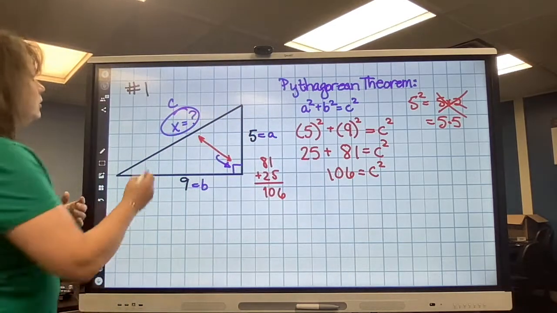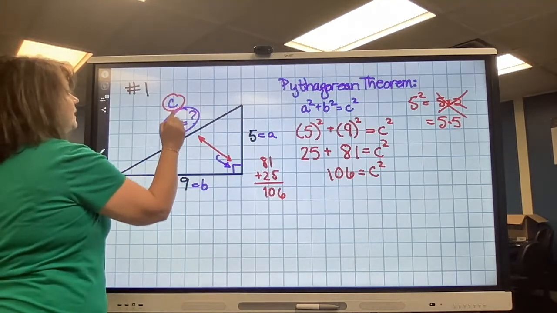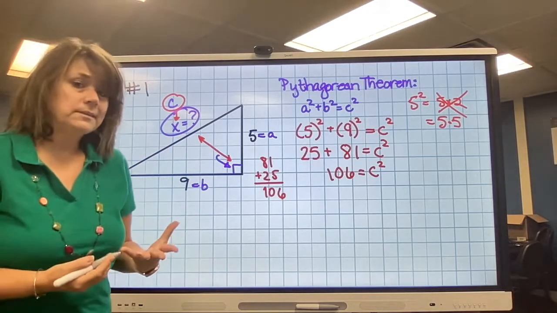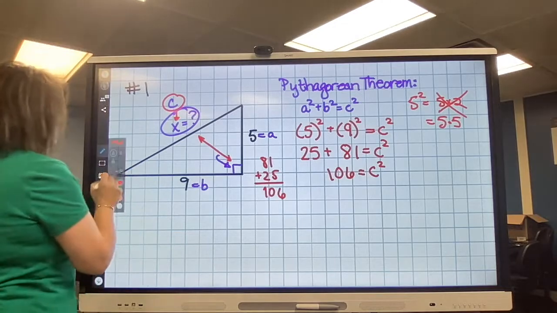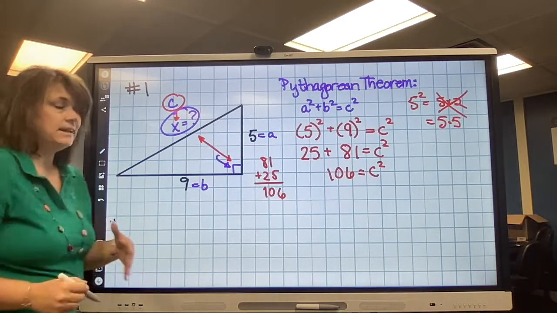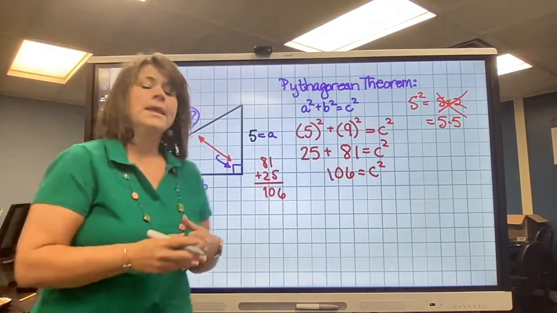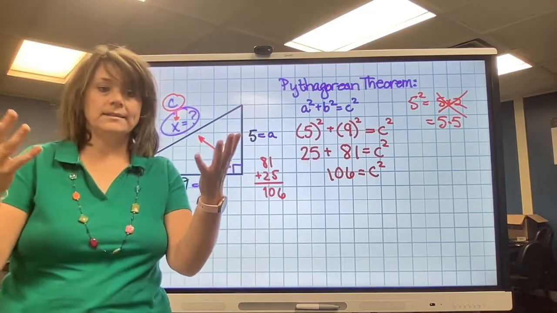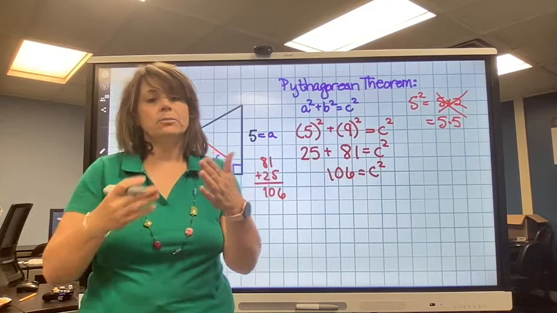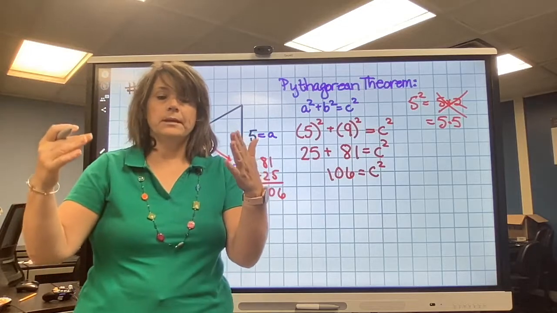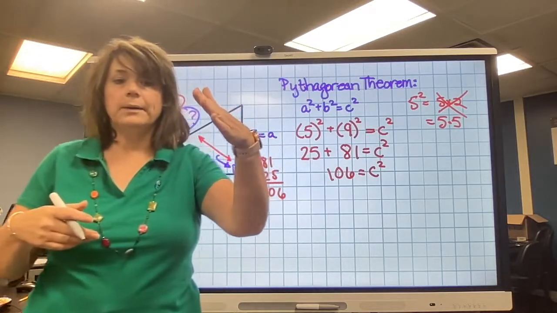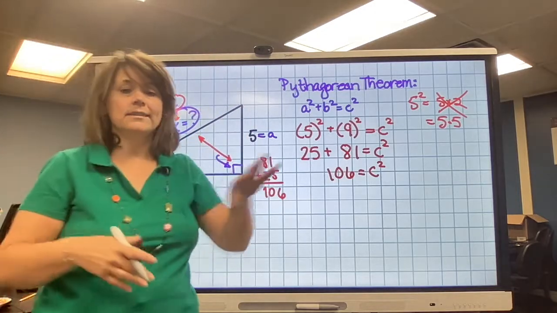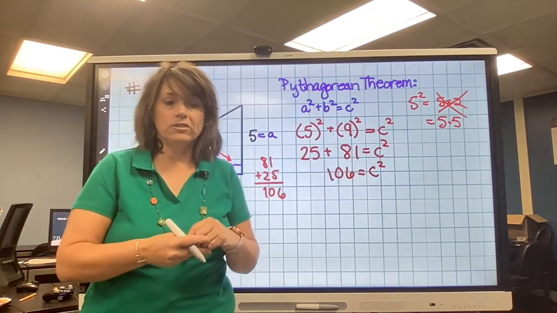Now remember, we're looking to see what c is, which for our example here is x. We don't want to know what c squared is, so we want to get it to where c is all by itself. Now, just like when we're solving equations and we have 3x equals 18, to solve for x, we need to divide both sides by 3 because 3 is being multiplied by x. We're doing the opposite, so we're dividing it to solve for x. Same concept here when we have squares.